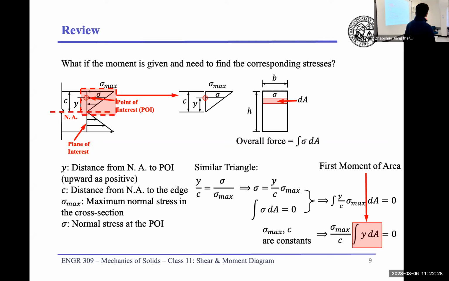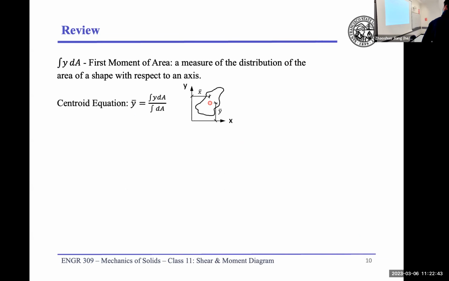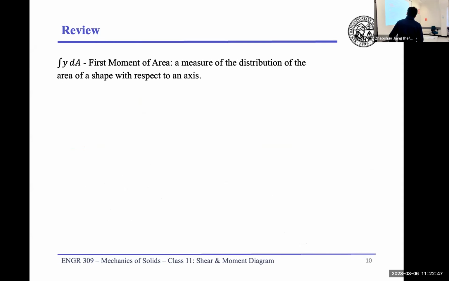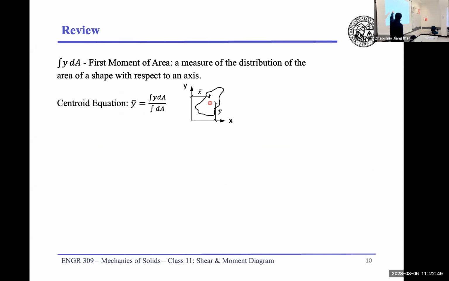And the portion highlighted in red is our first moment of area. We saw the first moment of area before in our statics class when we looked at the centroid equation. In the centroid equation, the denominator, that is our first moment of area, which is a measure of the distribution of the area of the shape with respect to an axis.